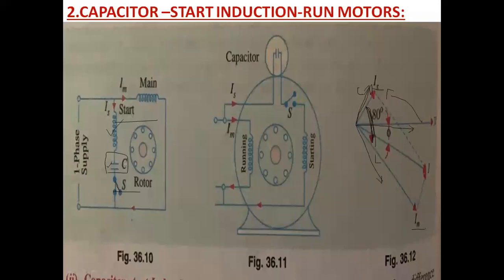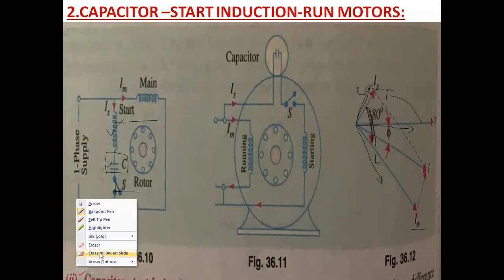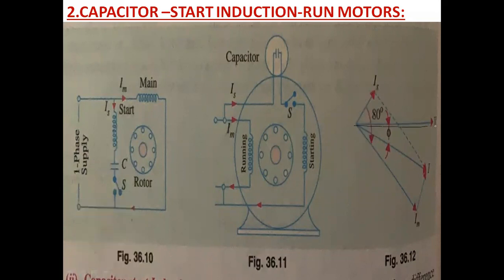Okay, so see here, you can see the phasor diagram, how it is drawn. This is the voltage reference vector, and the capacitor starting winding will be capacitor. Because of the capacitor, the current is leading, and the main winding is of inductive nature, so it is lagging, not pure inductive nature. Not pure means what? It is less than 90.